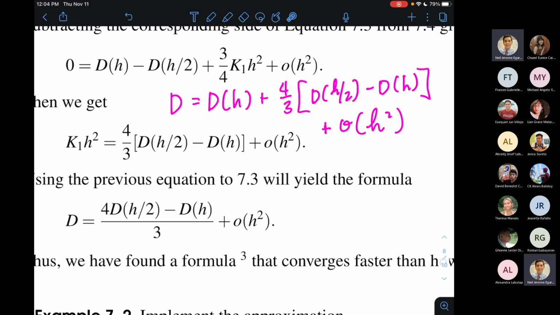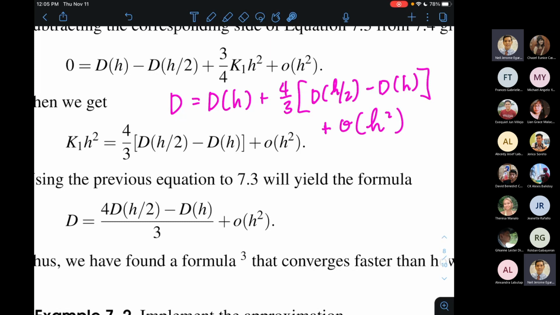Oh, by the way, before I shift to Excel or to my spreadsheet, itong formula na to ay mag-hold sa kahit na anong formula of order h squared. Hindi necessarily numerical differentiation formula, pero halimbawa sa ibang AMAT courses nyo, naka-encounter kayo ng optimization technique na iterative in nature.